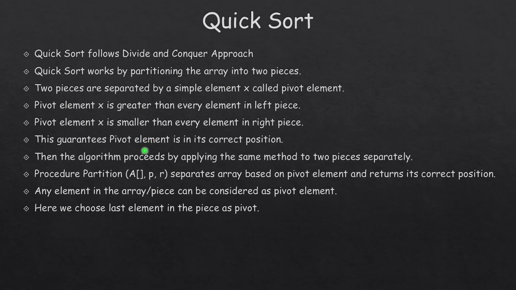All the elements lesser than the pivot element will be placed in the left piece, and all the elements greater than the pivot element will be placed in the right piece. The same procedure will be applied separately to this left piece and right piece. It will be done recursively, and after some point we will get the entire array sorted. So the key procedure here is partition.